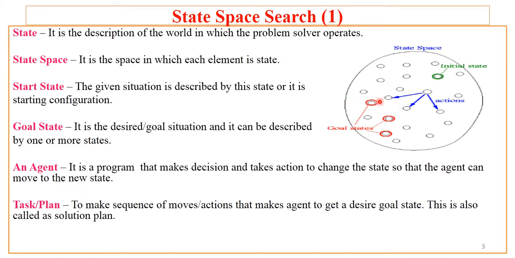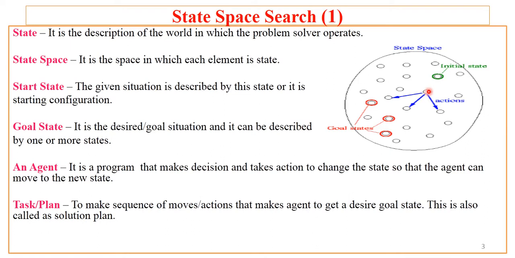If you see this figure here, the agent is a program which will start with the initial state. With the rules which are written in terms of the programming steps, the agent takes the decision. It decides what should be the next new state if the current state is not the goal state.